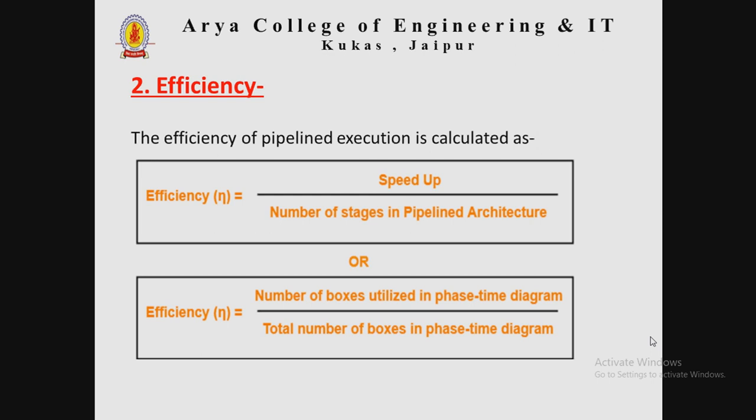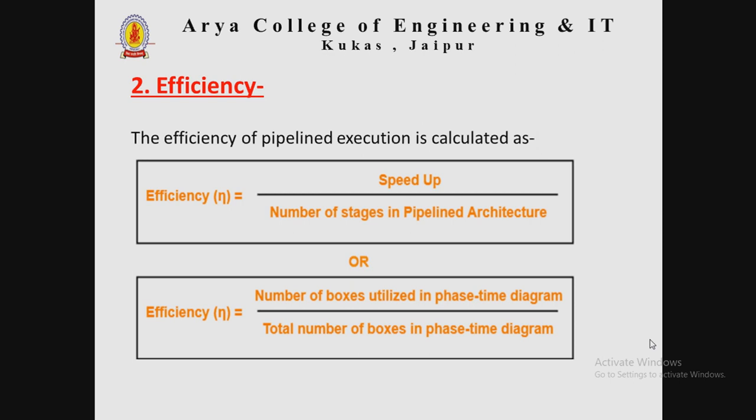If we talk about the second parameter, that is known as the efficiency, the efficiency of the pipeline execution is calculated with the help of a formula. The efficiency N is denoted by speed up divided by the number of stages in the pipeline architecture. That means the value which we got from the first step, speed up, non-pipeline execution time divided by pipeline execution time, is again divided by the number of stages.